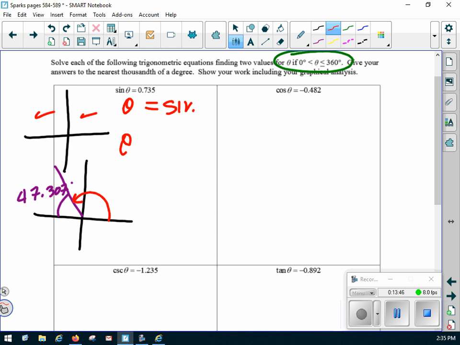Cosine of theta is negative 0.482. What quadrants? 2 and 3, good. Now, hold it. What's theta without your calculator? What would I write based on what I wrote over there?